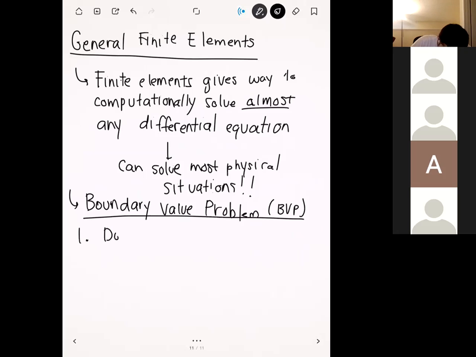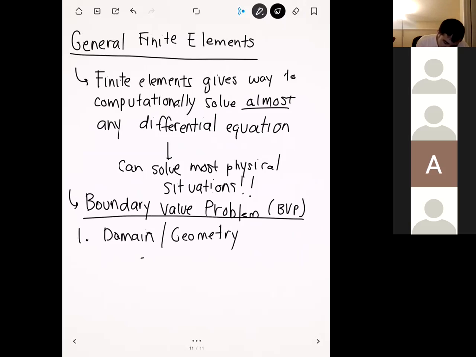Okay. Or another word for your domain is simply your geometry. Okay. And so first you need to define what geometry, or where, you want to solve your differential equations. Of course, this is going to depend on what type of problem you're solving.